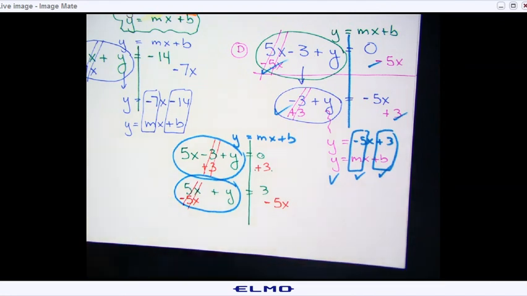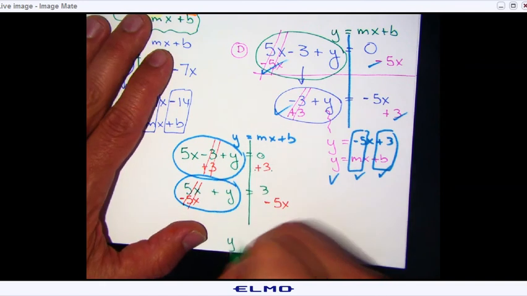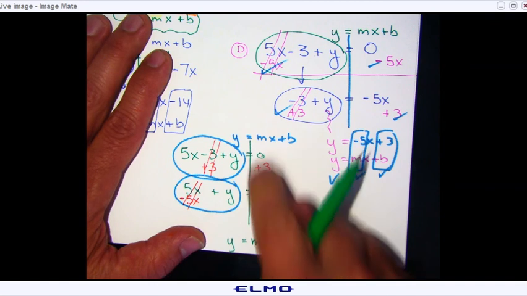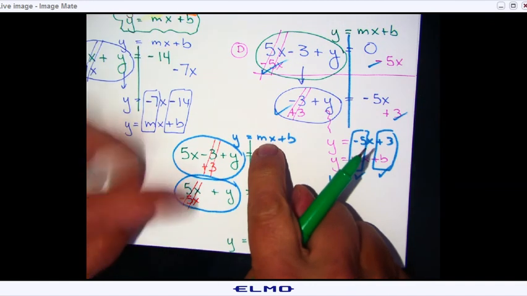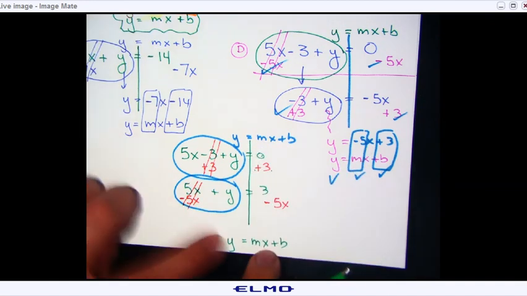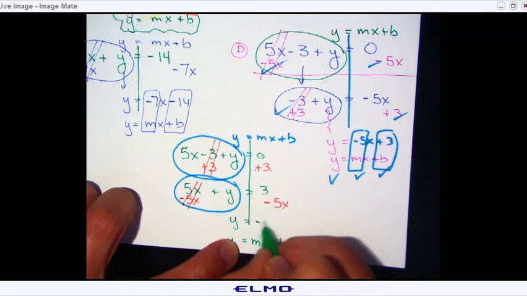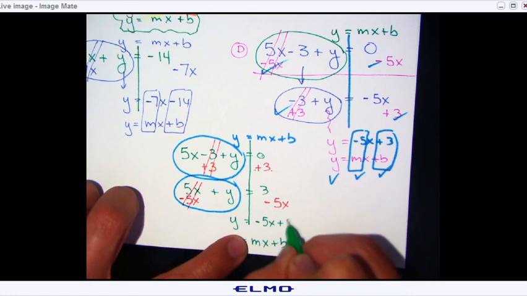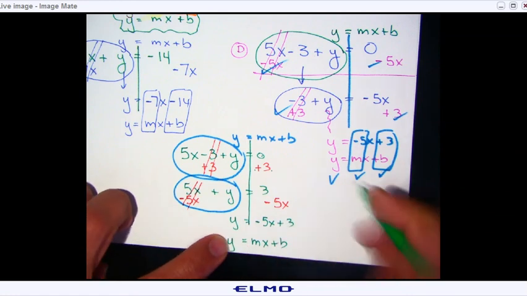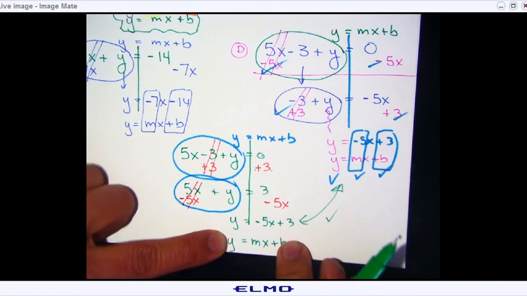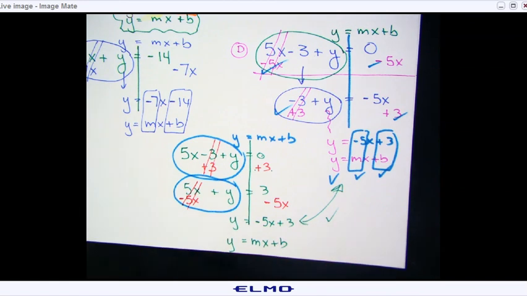So then my answer, again, y equals mx plus b. Mister, do I have to write it twice? It's up here. No, but I'm just showing kids how to do it. You don't have to do that one. So now I put y equals negative 5x plus 3. There you go. And isn't it the same? Yup, it's the same. It doesn't really matter. So don't get like, oh, I don't get it. Just do one, okay?